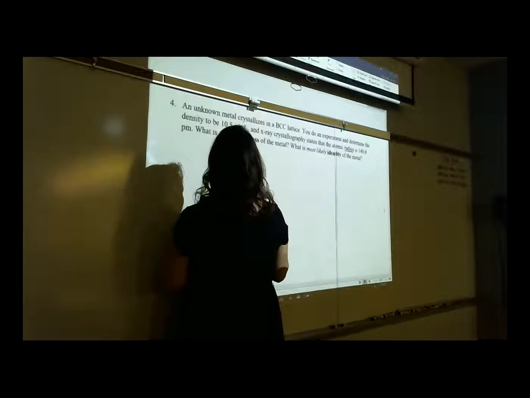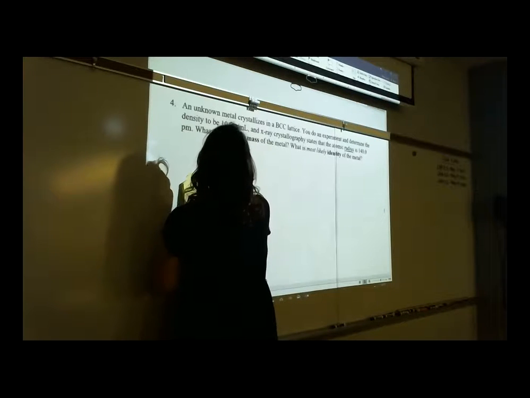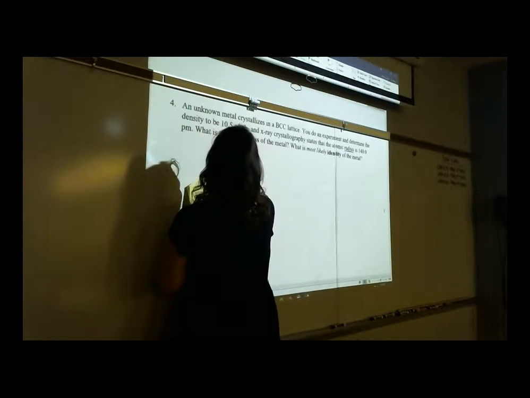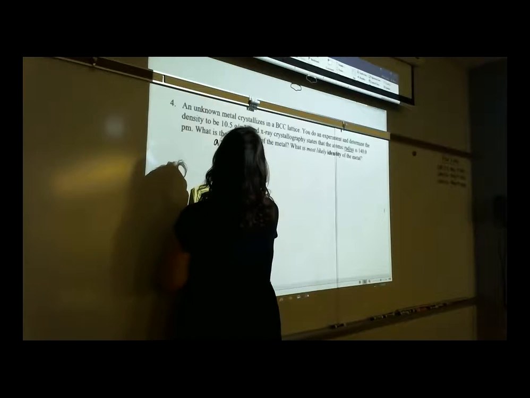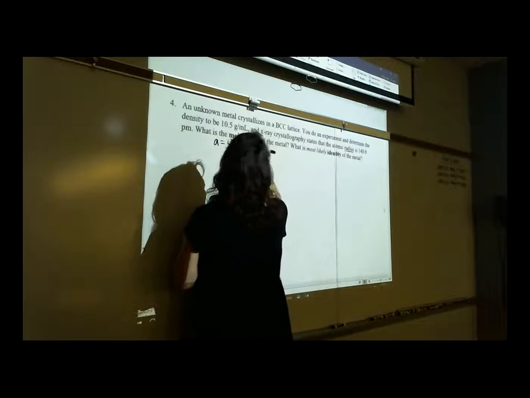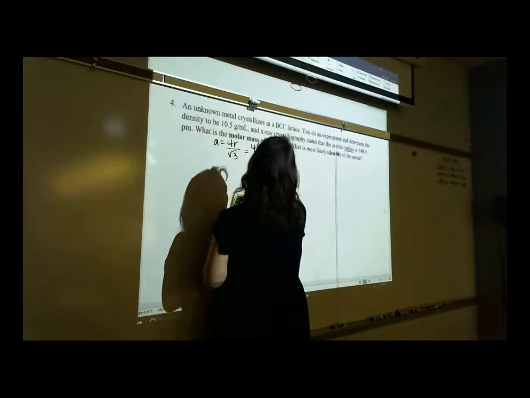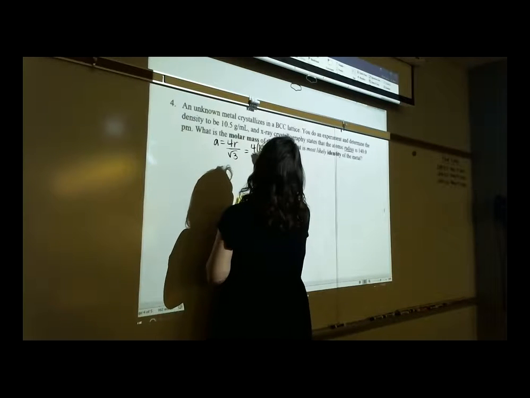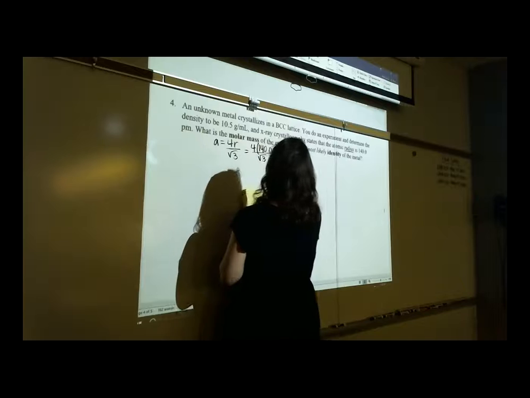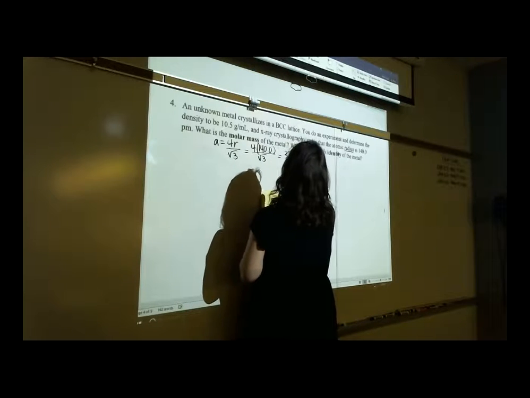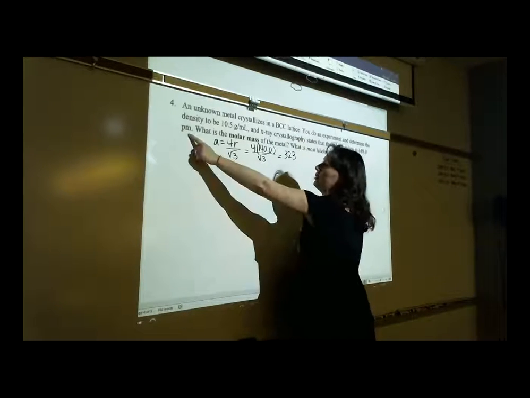All right, so a is equal to 4r over the square root of 3. So that's 4 times 140 divided by square root of 3, which I got 323, and my unit would be picometers.